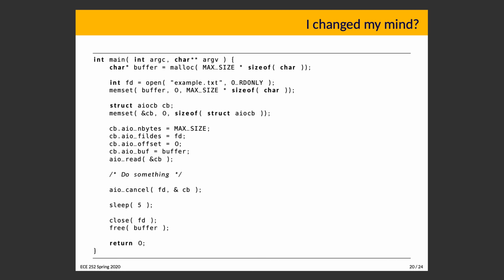We set bytes, file descriptor, offset, buffer, all of that. And after we've done the AIO read, we will then do the AIO cancel. There is a sleep in there just to spend some time, to make it a little bit more pleasant so that there is actually something that happens. And that's it. We're done. Close the file descriptor and return 0. This is over.